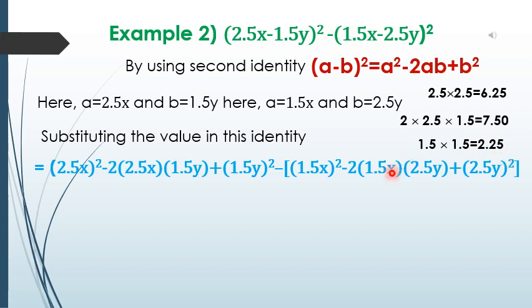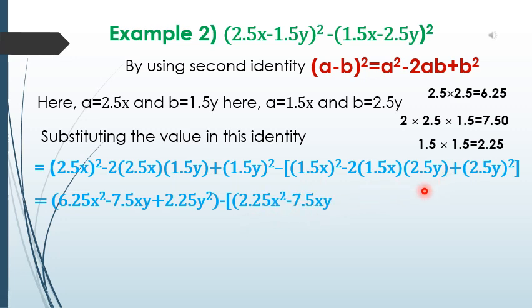Then minus (1.5x)² is equal to 2.25x², and minus 2 into 1.5 into 2.5 is minus 7.5xy, plus (2.5y)² is equal to 6.25y². So that is 6.25x² - 7.5xy + 2.25y² - inside the bracket 2.25x² - 7.5xy + 6.25y².